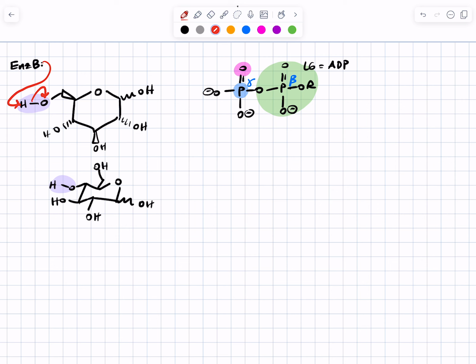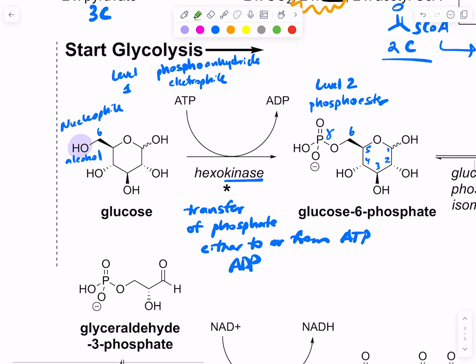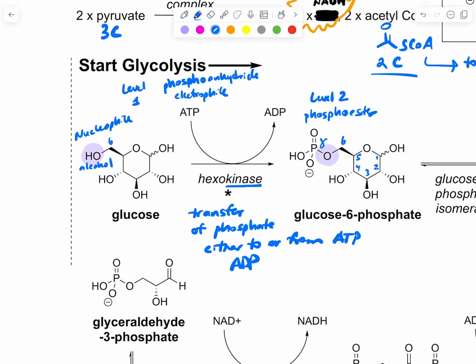So if you want to do it this way, it's fine. You deprotonate the alcohol, then the negatively charged oxygen attacks the phosphorus. We okay there? Okay. That makes sense because if you look at where we need to end up, the oxygen is now bonded to the phosphorus, right?